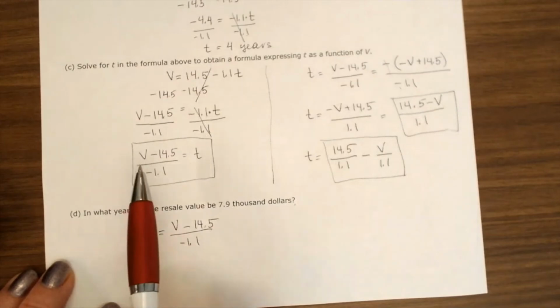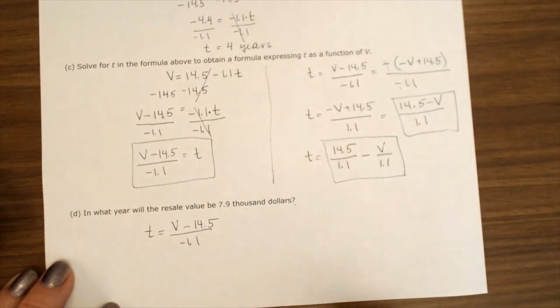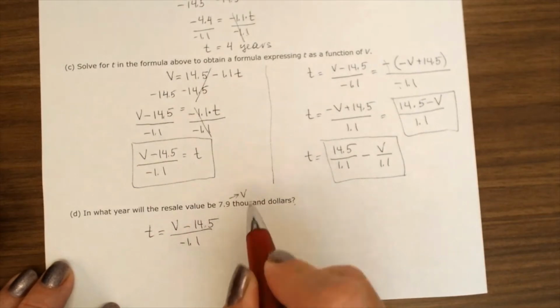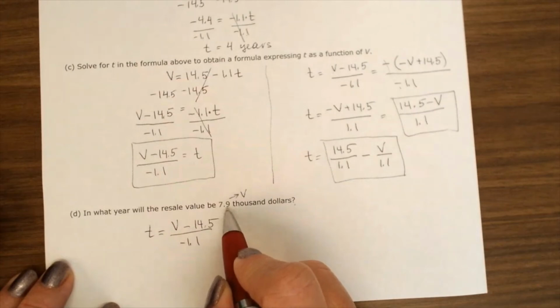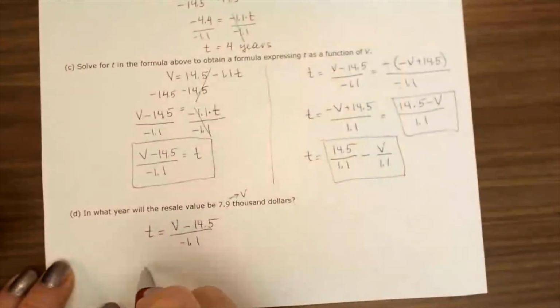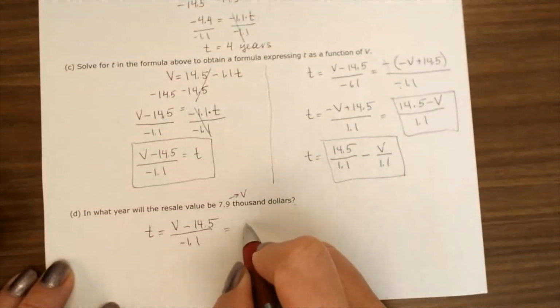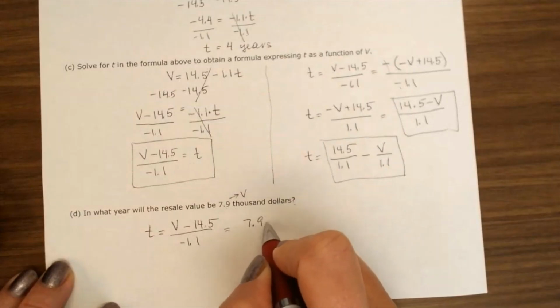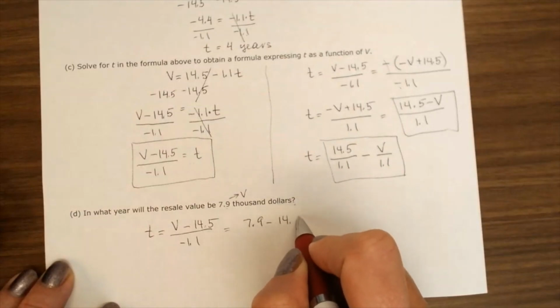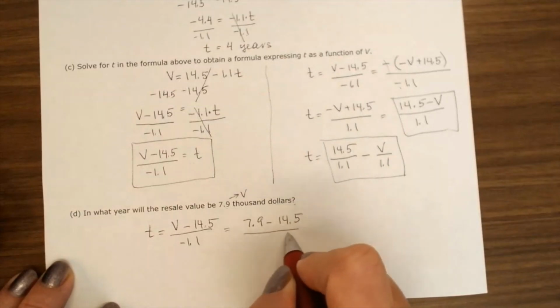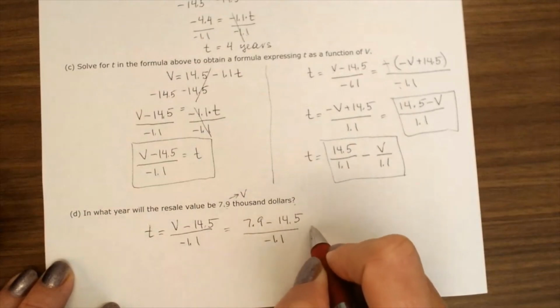It will be good. I will use the first one. So 7.9, it's my V. So I have to substitute this number for V. Let's do it. 7.9 minus 14.5 over negative 1.1.